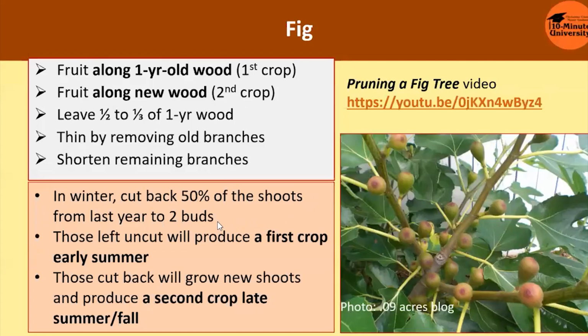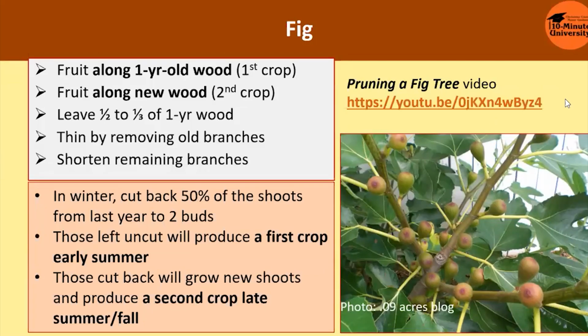So this is a heading cut. And what you're doing is the heading cuts will stimulate new growth. And that's where you'll potentially get the second crop in late summer and fall. And the branches you leave alone will give you the first crop in early summer.